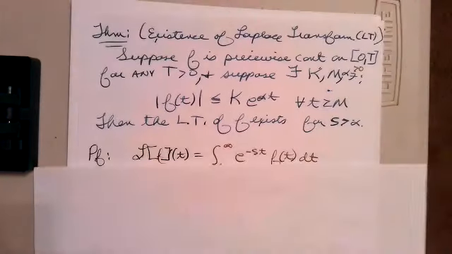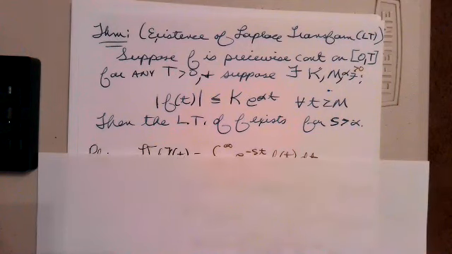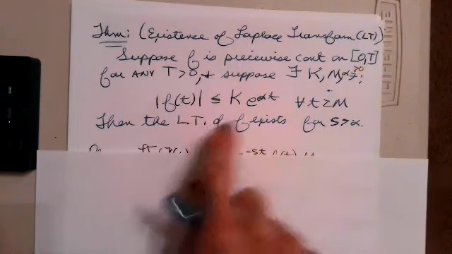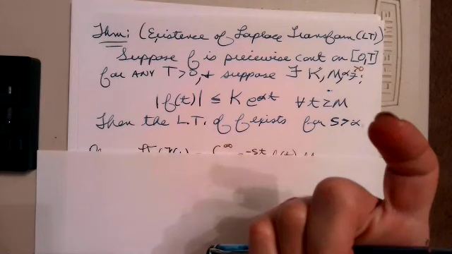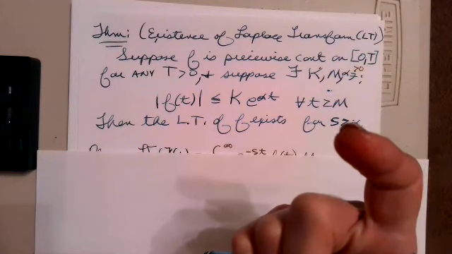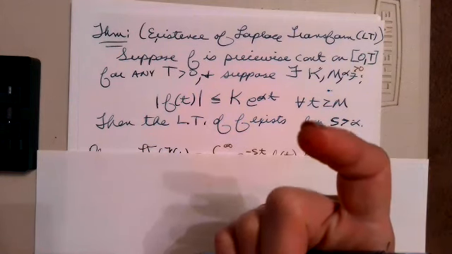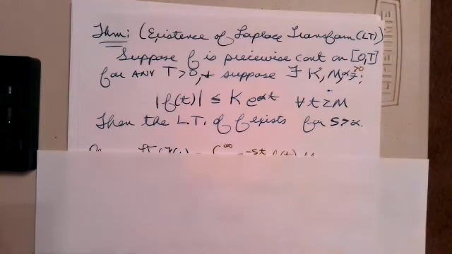Okay, so because the Laplace transform is over an interval which is infinite in length, we may have functions that don't have a Laplace transform in the sense that the integral becomes infinite, or the integral diverges.